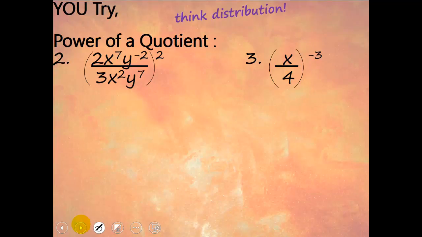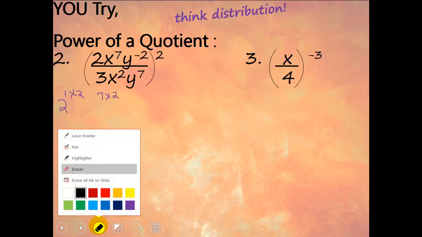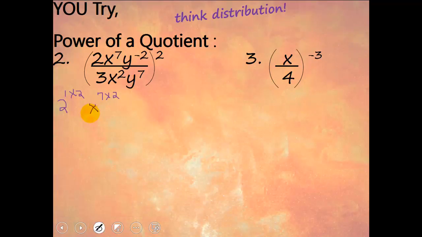All right, so I have 2 to the 1 times 2, x to the 7 times 2. Oops, that's an x, sorry. Then I have y to the -2 times 2.